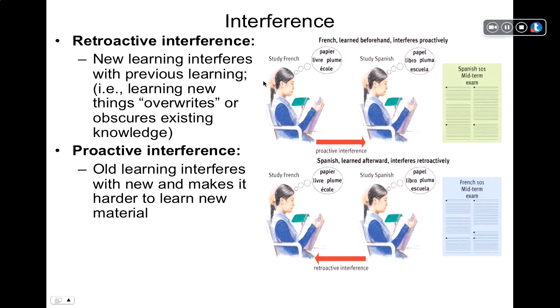So my example over here, let's say, and this is retroactive interference down here. You're studying French and you're studying Spanish, right?